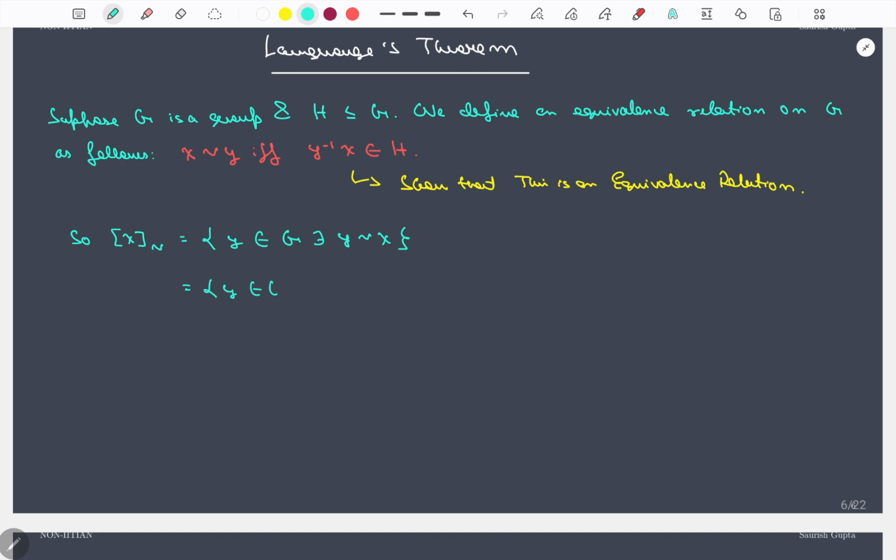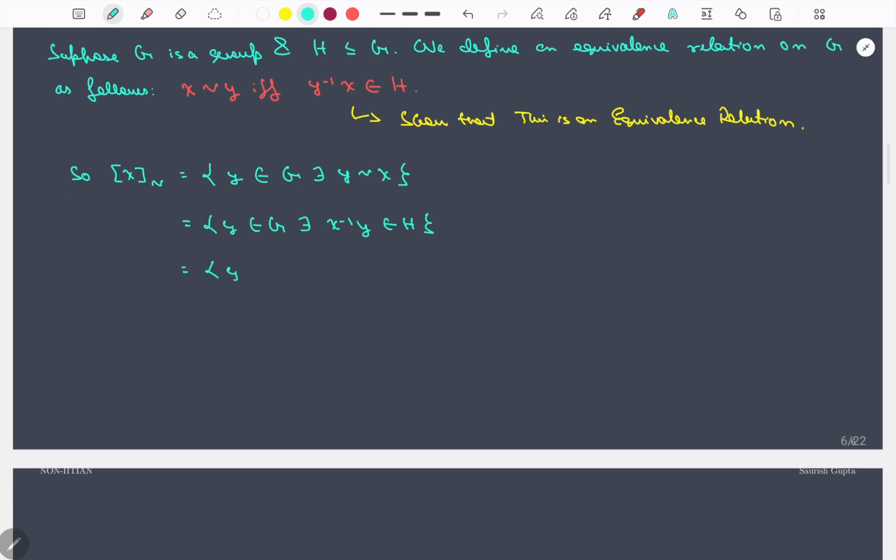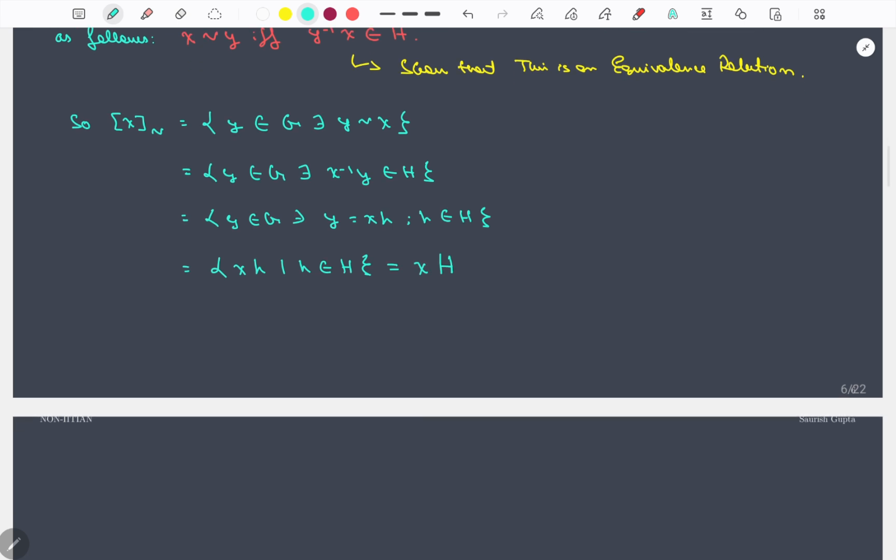In other words, this is the collection of all those elements y in G such that x inverse y is in H. So this is the collection of all those elements y in G such that y is of the form xh, where h is in H. This is the collection of elements of the form x times h such that h is in capital H, and this is what we define to be this particular set. These sets are called the left cosets, or rather a left coset in this context, of H in G.